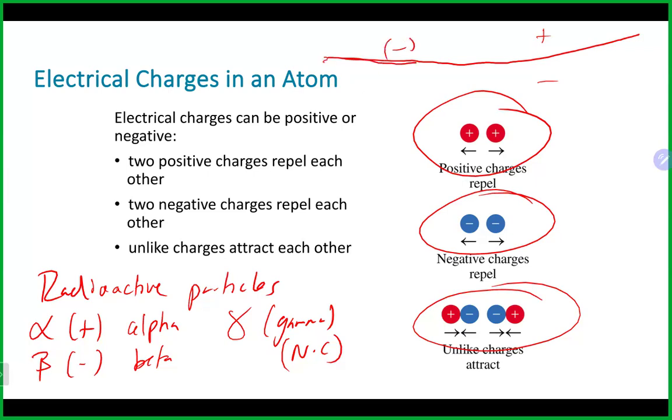If you shot some particles and they bent towards the negative side, you would know that those particles most likely had a positive charge. And if you shot some particles and they were unaffected by the electrical field and just went straight, ignore my non-straight line there, you could probably assume that they have no charge.